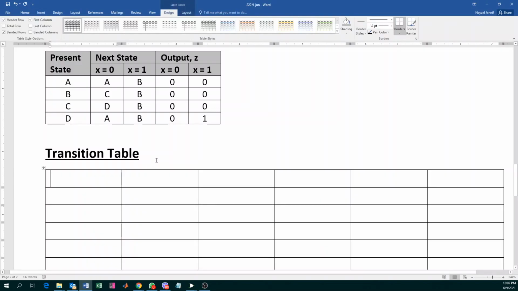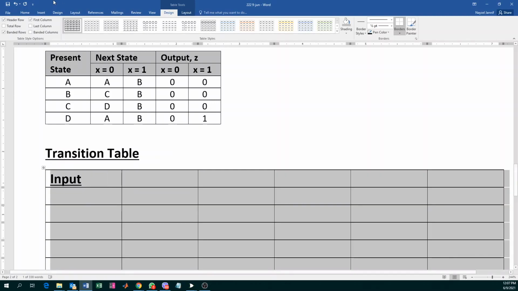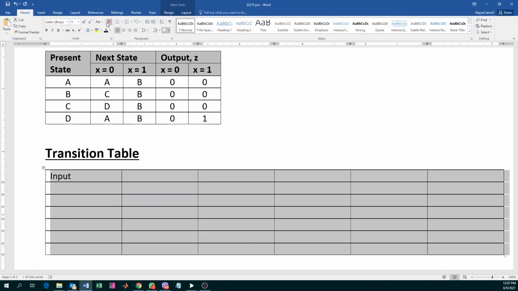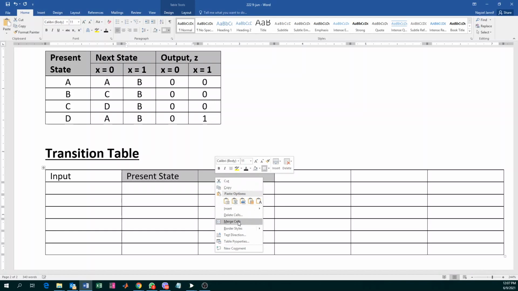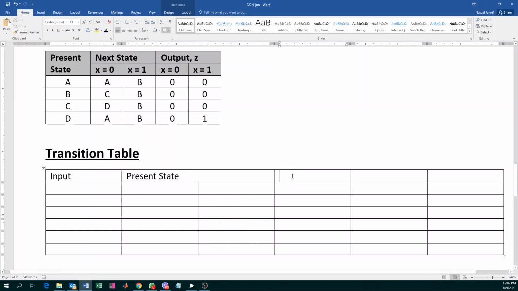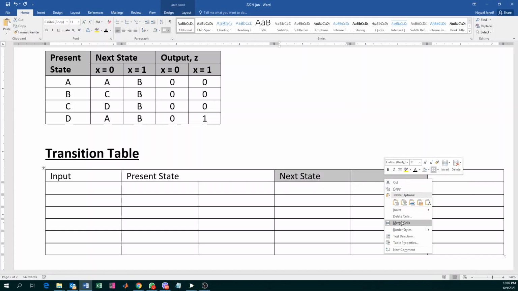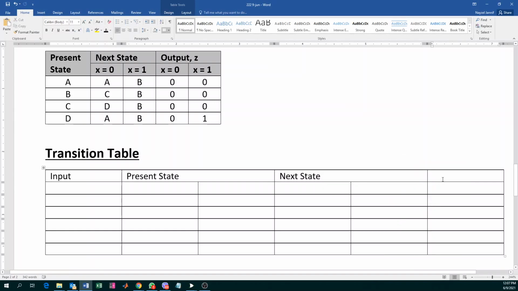For the transition table, let's now look at it. You have your input, you have your present state, you have your next state, and you have your flip-flop inputs.